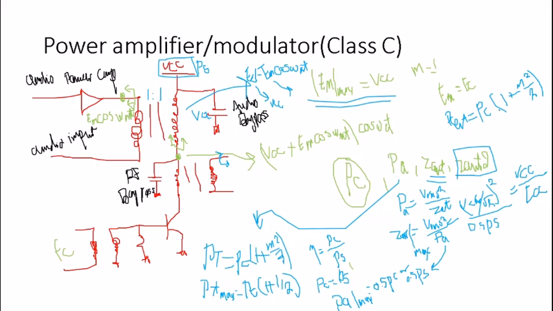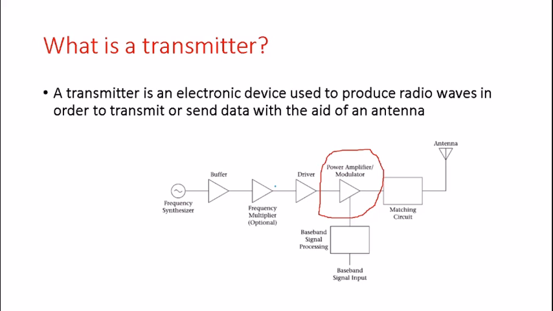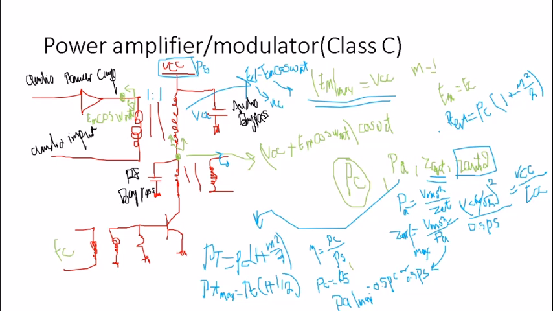But because we want the total power to be transferred to the final stage, which is the antenna, as we've seen in the previous block diagram, we will assume that m equals 0, because we want the power of the carrier to be transferred fully to the antenna.